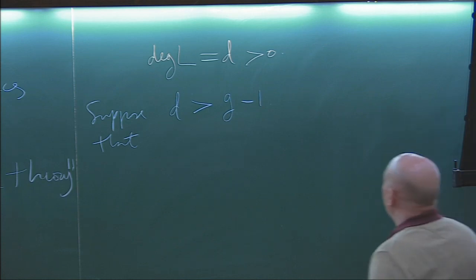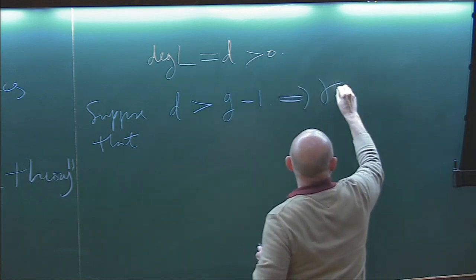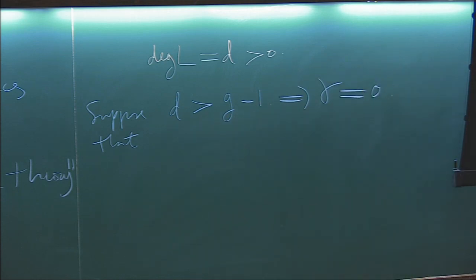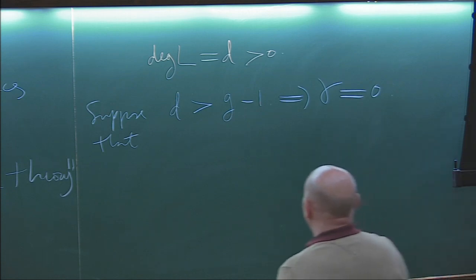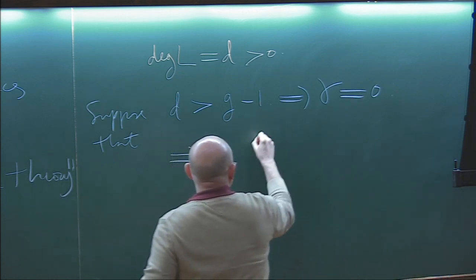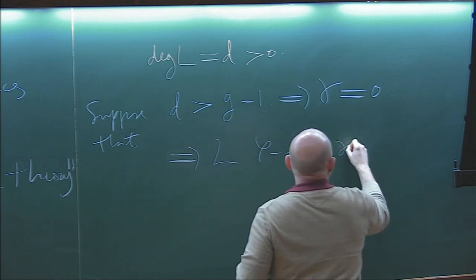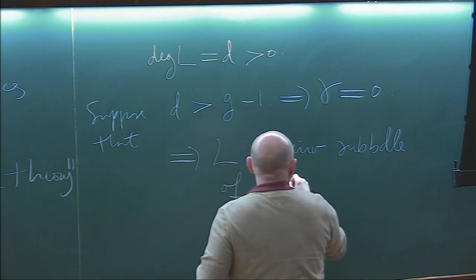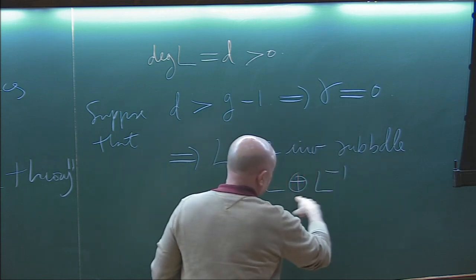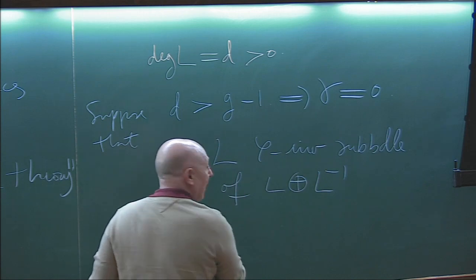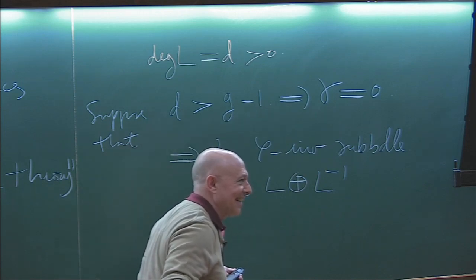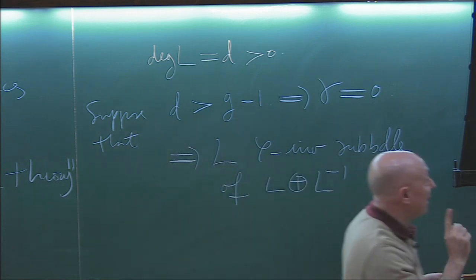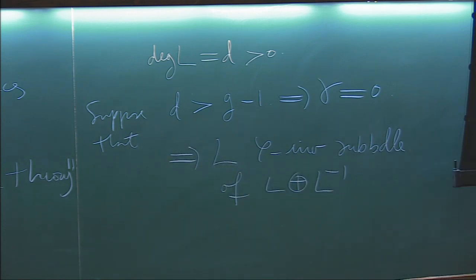And if gamma is 0, then L is a phi-invariant subbundle of L plus L^{-1}. This has positive degree, while the whole bundle has degree 0. This violates semi-stability. This cannot happen, since I'm assuming the semi-stability of the Higgs bundle.